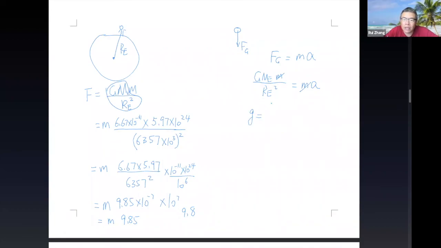As we see here, this g is equal to nothing but this combination of 3 different parameters, and we know it's equal to 9.8. The last digit, some people say 9.80, some people say 9.81. It's a little bit smaller than what we calculate here because we're using the polar radius, not the average radius. So roughly it's 9.8 meters per second squared. Does that make sense to you guys?